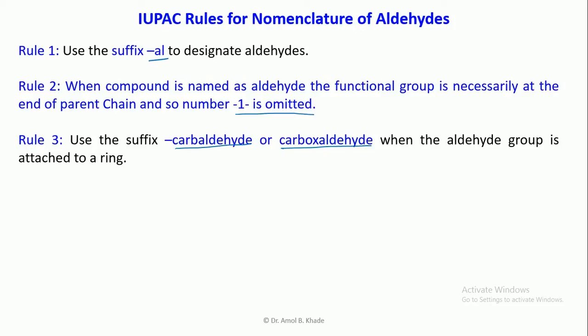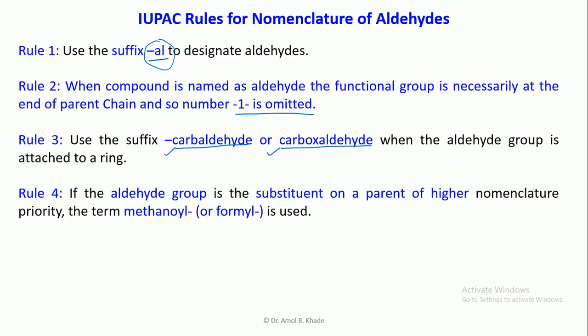If the CHO group is attached to the ring system, then we should not use the suffix AL; we have to use the suffix carbaldehyde or carboxaldehyde. Rule number 4: if the aldehyde group is a substituent on a parent of higher nomenclature priority, then methanoyl or formyl is used. This is quite rare, but you need to know it.